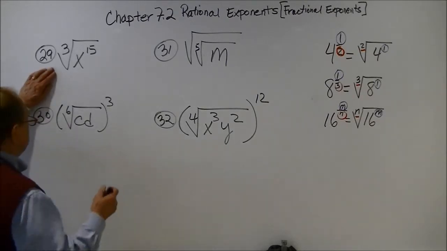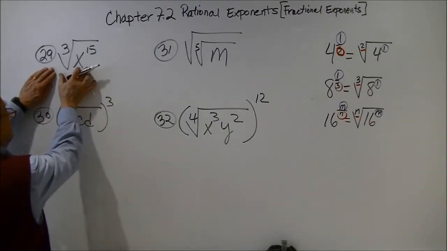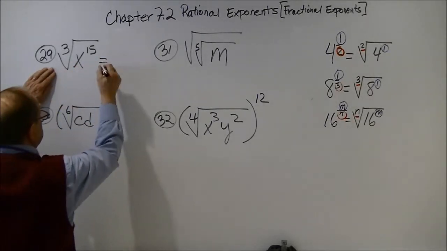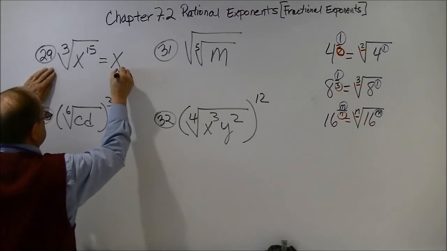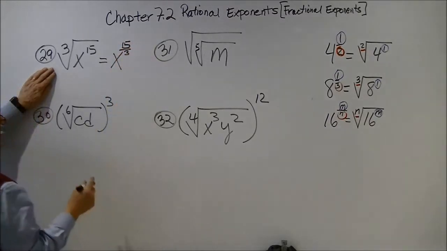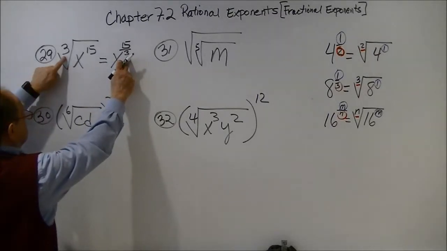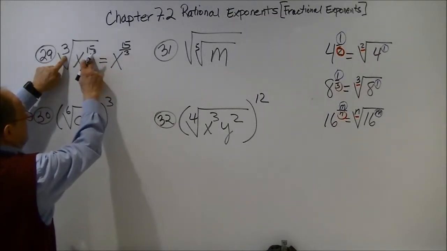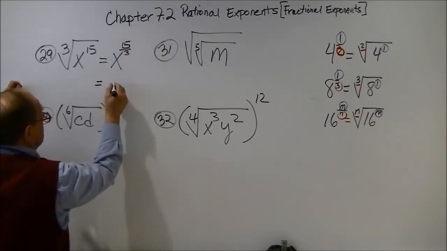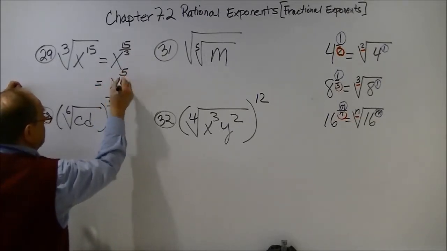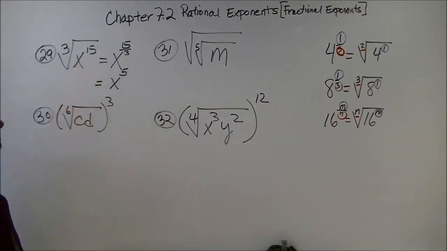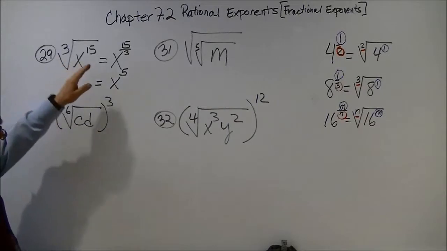But we had said that if you convert this to its fractional form, this is going to become x to the 15 over 3, where this is your index number and that's your exponent. And now that it's in fractional form, what will that become? Well, x to the 5th. And I kind of mentioned this in topic 7.1 and said we will be using that.